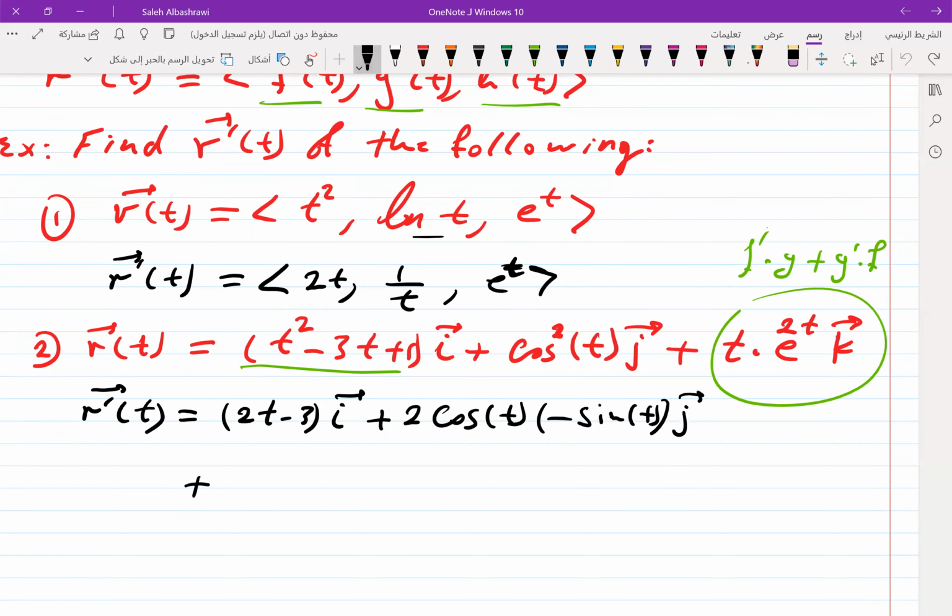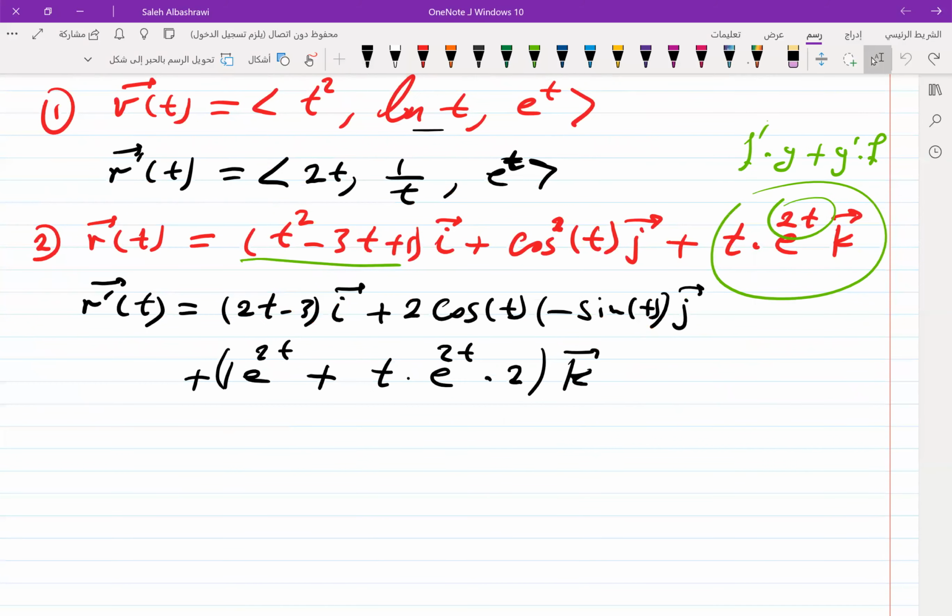So the derivative will be the derivative of t, which is 1, multiplied by e to power 2t, plus t multiplied by e to power 2t multiplied by the derivative of the power. This is chain rule. All of these are multiplied by the vector k, standard basis. So this is the derivative.